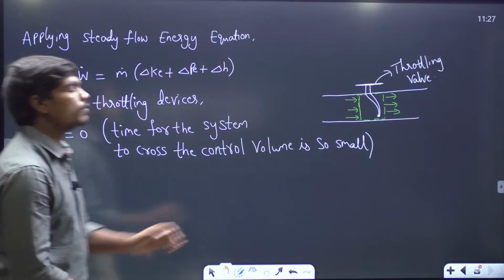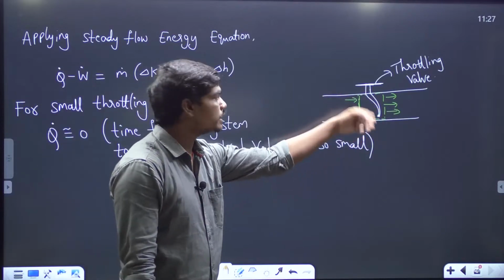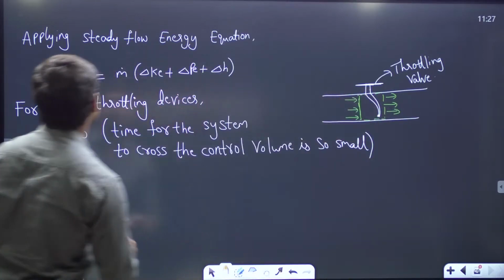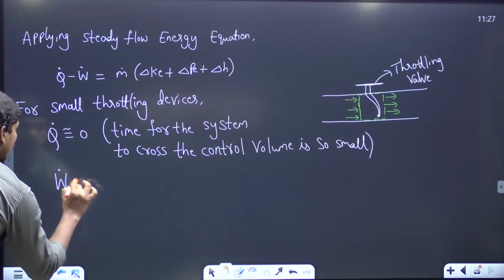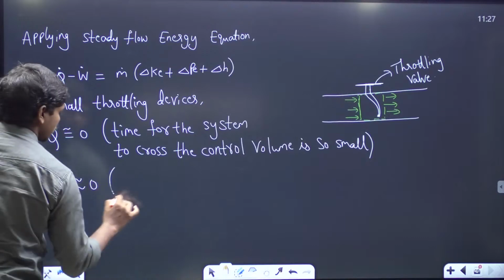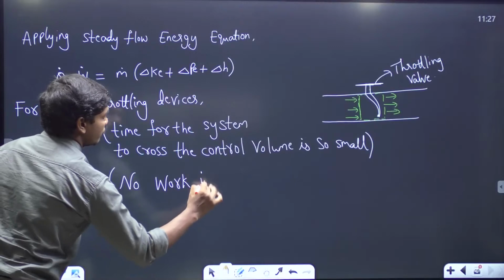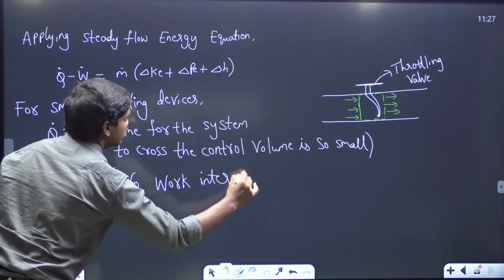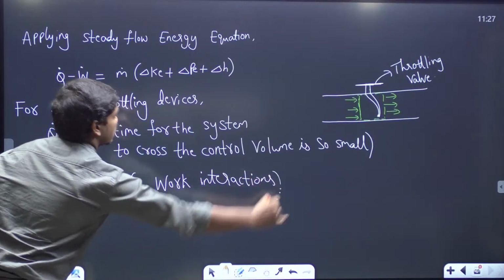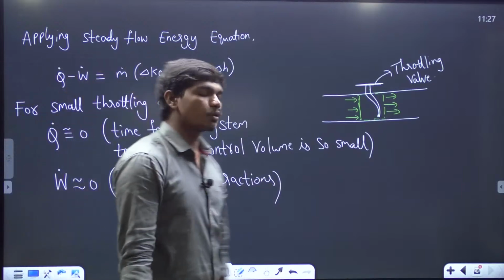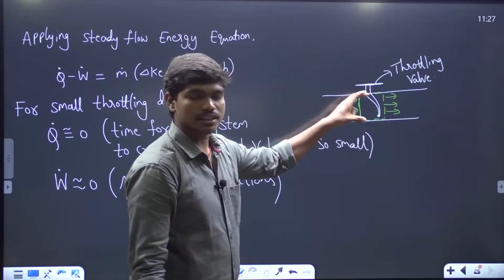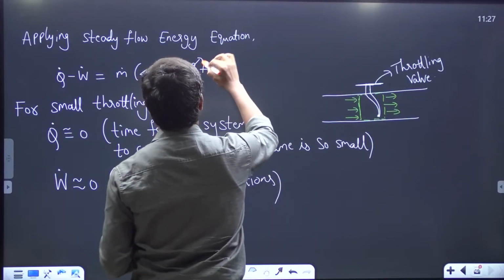Similarly, you can see there are no work interactions taking place between this fluid and the outside. So W dot is also equal to 0. No work interactions are taking place with respect to this throttling process. Next, if you talk about changes in kinetic and potential energies, when these devices are small, generally there won't be any change in potential energy.